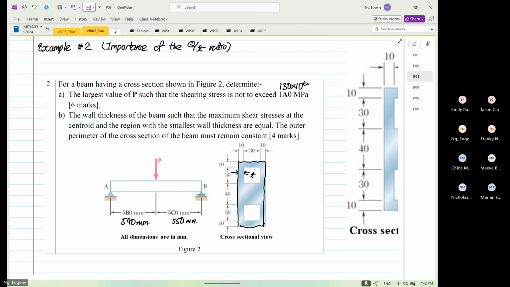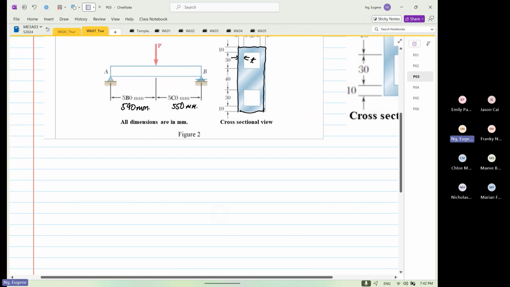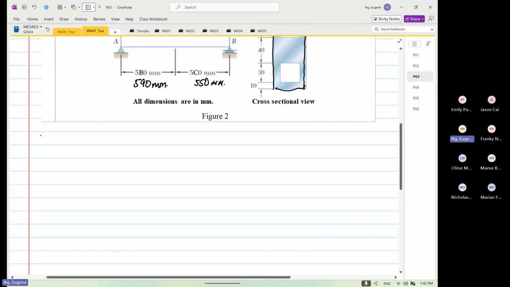Okay, so let's see what is the problem with this question. Again, what we want to highlight is the Q over T ratio.